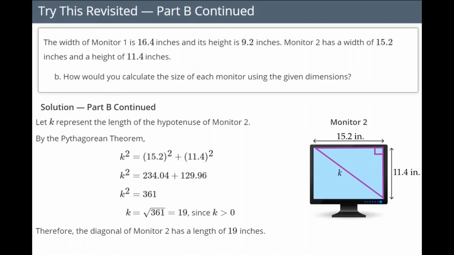So we take the positive square root and we get k equals exactly 19. Therefore, the diagonal of monitor 2 has a length of 19 inches. So even though monitor 1 and monitor 2 are different shapes, they are both 19-inch monitors. Remember, for monitor 1 it was 18.8 and that would round up to 19, so it would be a 19-inch monitor.